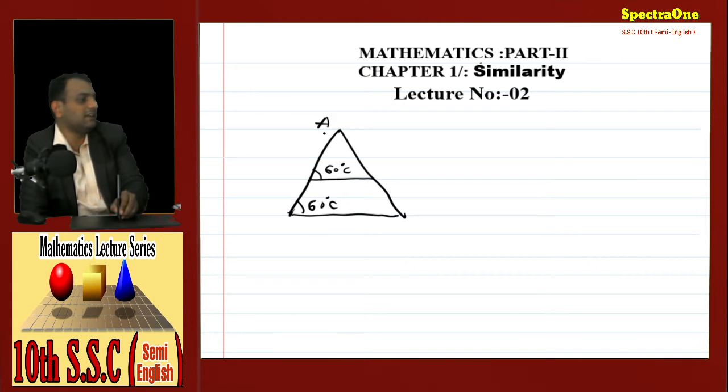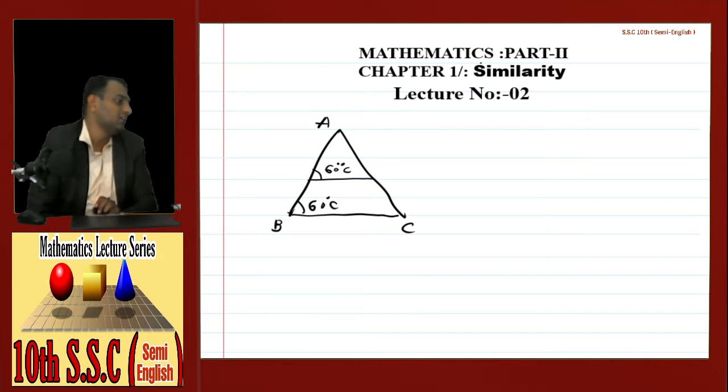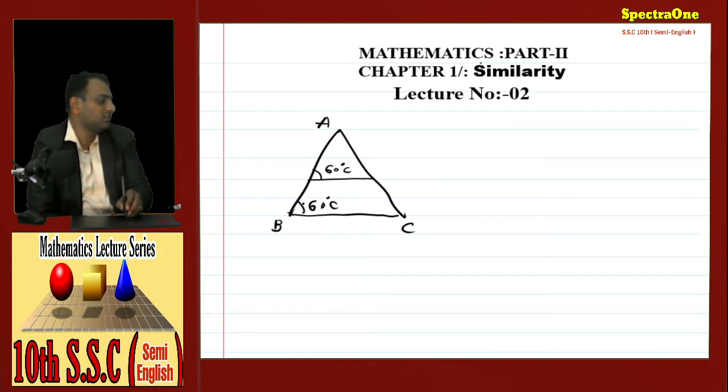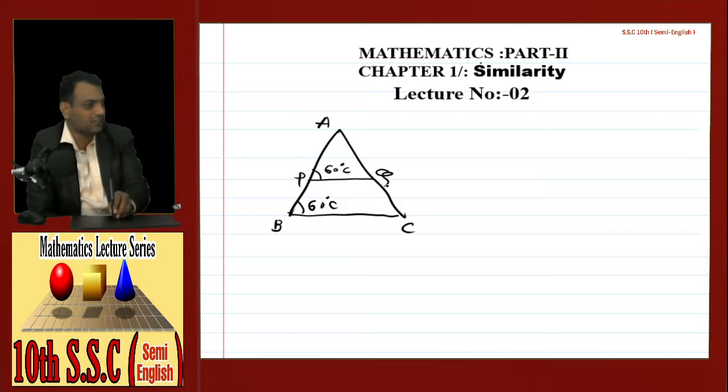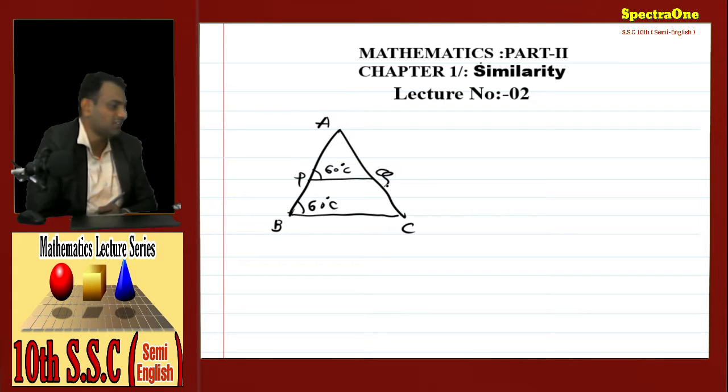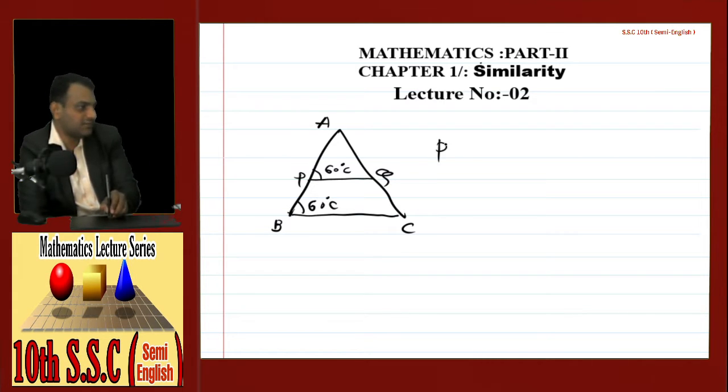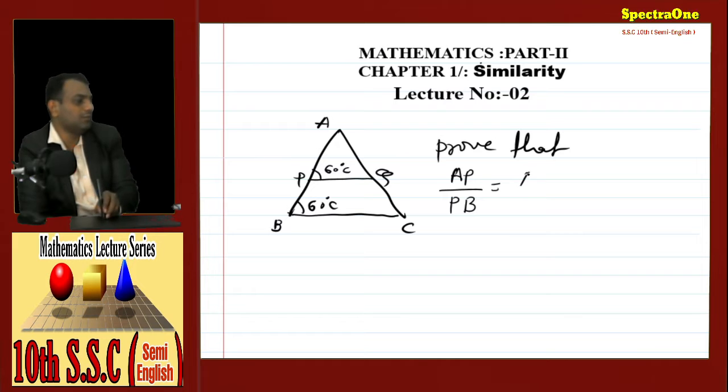This is triangle ABC. The line intersects AB at point P and AC at point Q, and we have to prove that AP upon PB is equal to AQ upon QC.